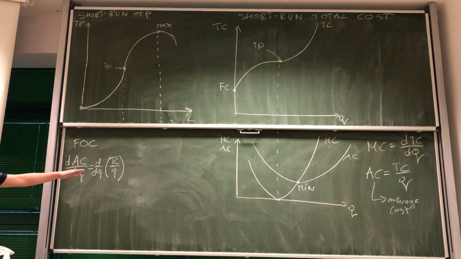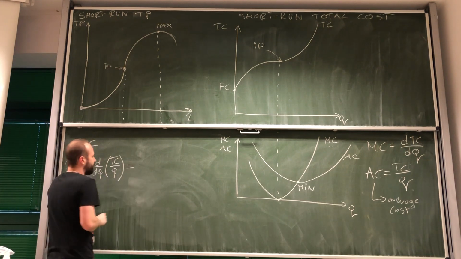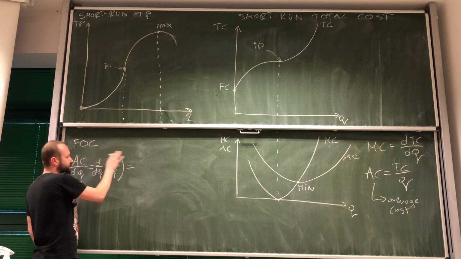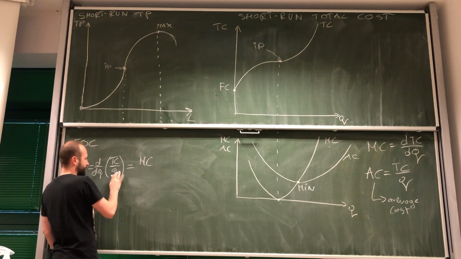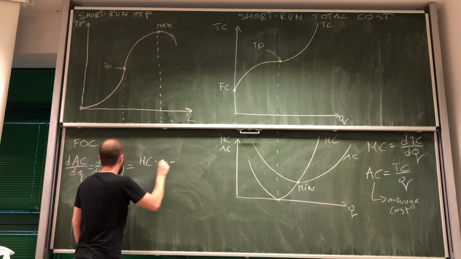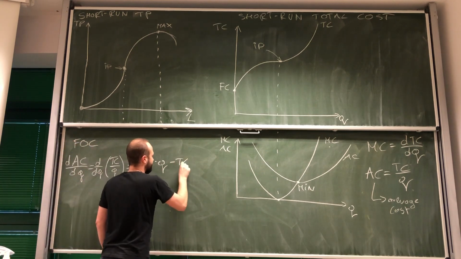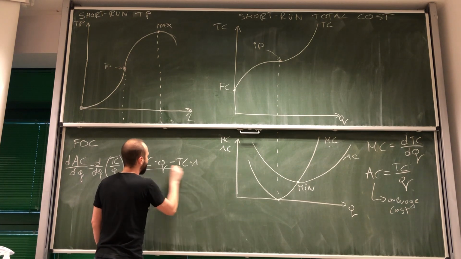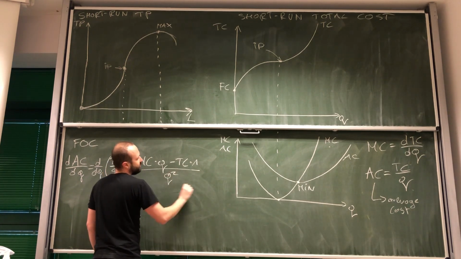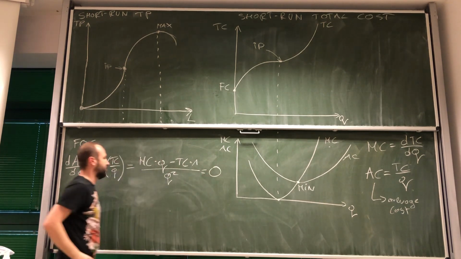And if I'm doing this, again, I need to use the quotient rule. And now look, first derivative of total cost is marginal cost times quantity minus total cost times first derivative of quantity, which is 1, divided by quantity squared equals to 0.